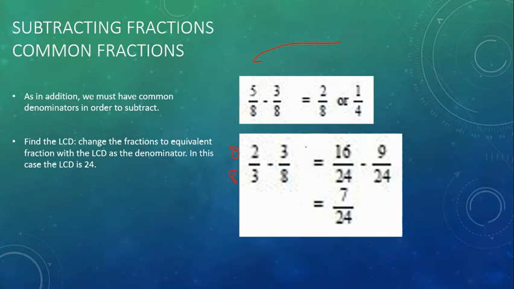And over here, we're going to have to multiply by our 3's. Okay, so then we would get 8 times 2 for 16 minus the 9 over 24 for 7 over 24.